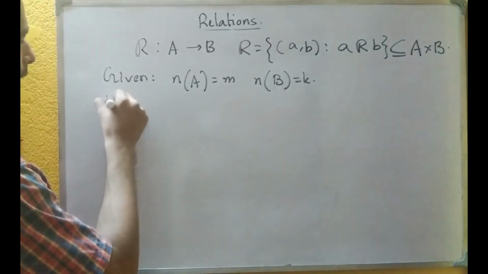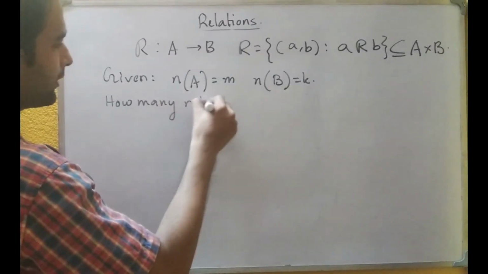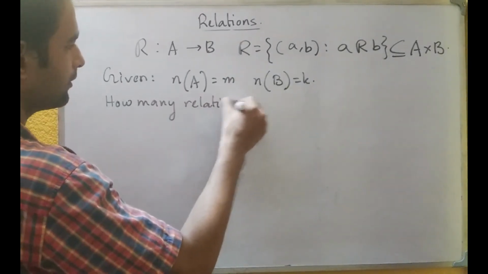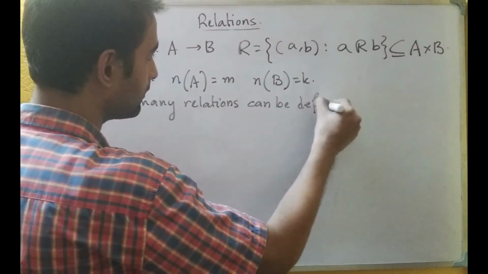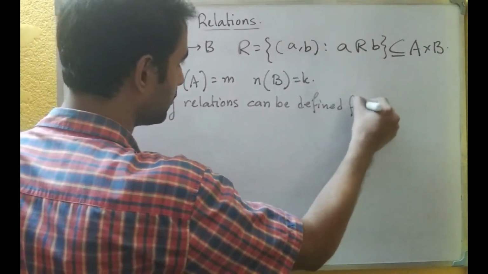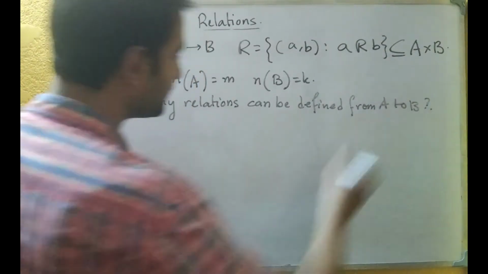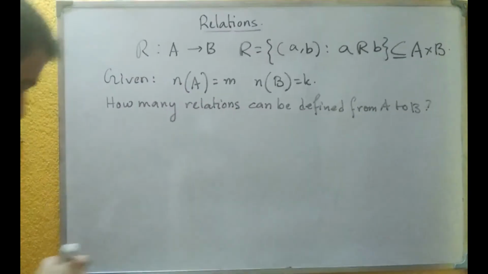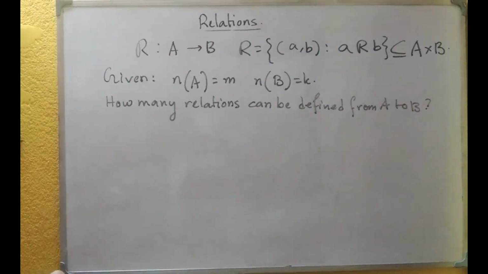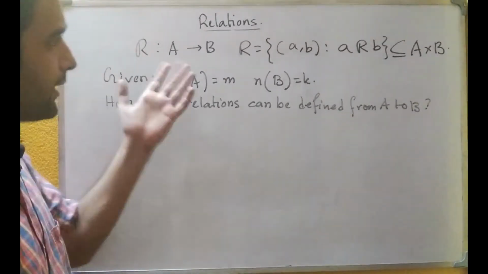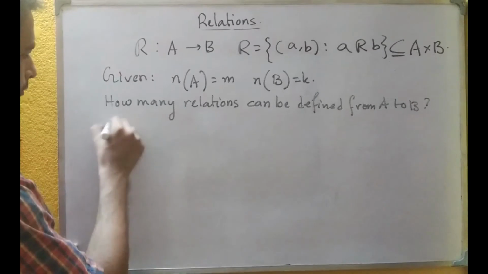So how many relations can be defined from A to B? This is the question. Okay, so since every relation is a subset of A cross B, that first we note here.